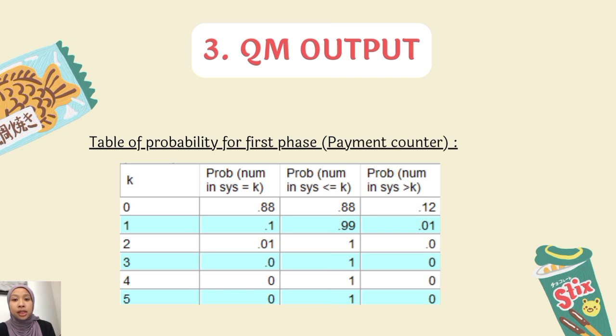Lastly, probability number in system greater than K shows the complement probabilities, representing the chance of having more than K customers. For example, for K equals 1, the probability is 0.01, indicating a very low chance of more than one customer being in the system.